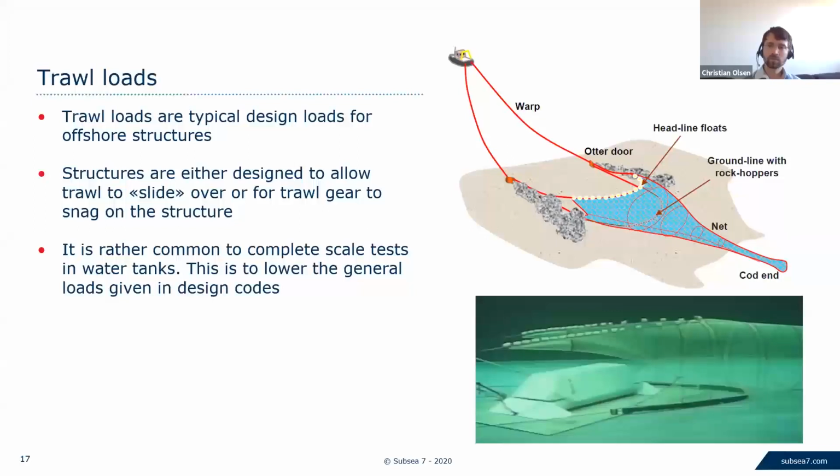So if it's a large structure, then we normally would do tests to find out what the trawl load is on this geometry, rather than using the load given in the code, because the load given in the code is often very conservative for your geometry. So there can be a lot of money to be saved if you get a much more accurate load.